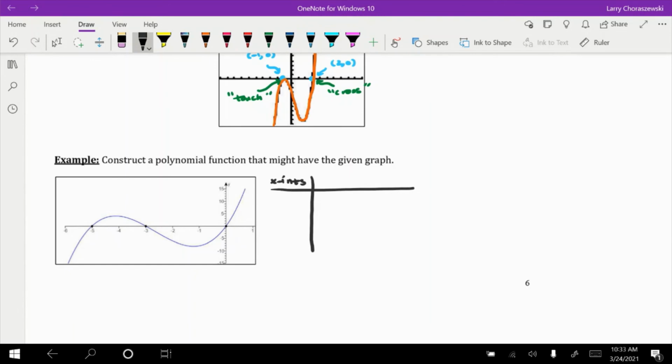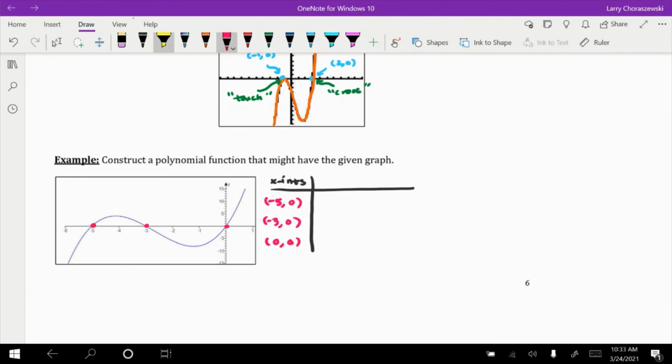What is the ordered pair for the x-intercept furthest to the left? -5, 0. All right, the middle x-intercept, -3, 0. And the last x-intercept, 0, 0. You got it. You guys are lighting up the chat.